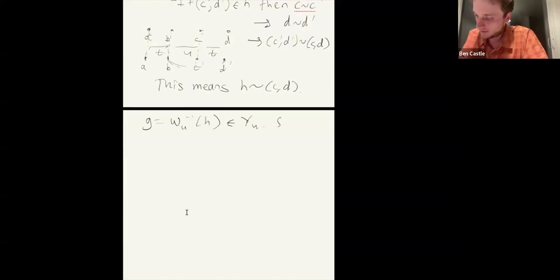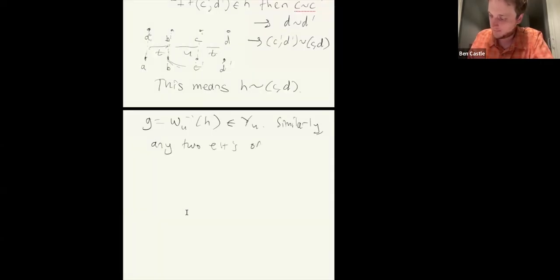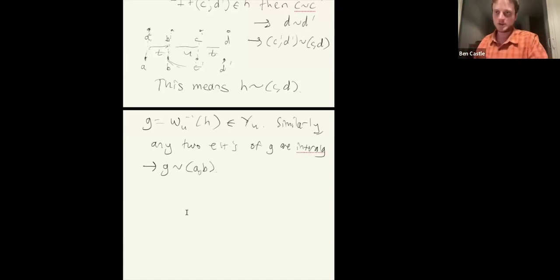Then similarly, by going from right to left, so same argument in reverse, any two elements of G are interalgebraic. And this means that G is just interalgebraic with AB. Yeah, so AB was one element of G, and then all the others are just interalgebraic.